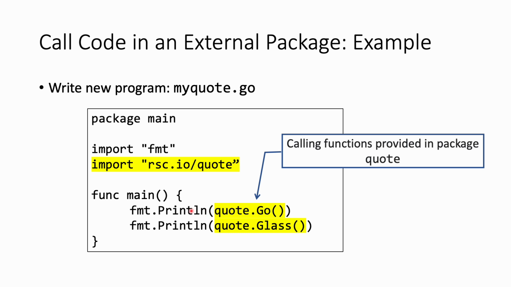Similarly, the functions Go and Glass in the package code return a string, and we want to pass that string as an argument to the function Println so that we can see it. So here we call the function Go in the code package by writing the package name, which is code, and then a dot, and then the function name.